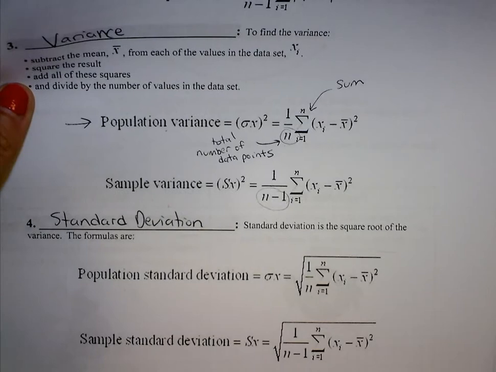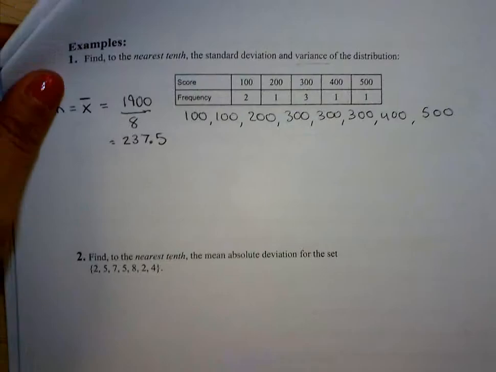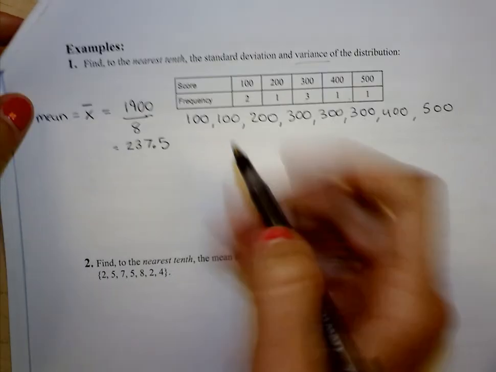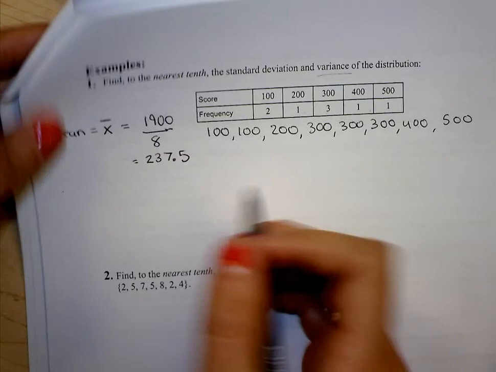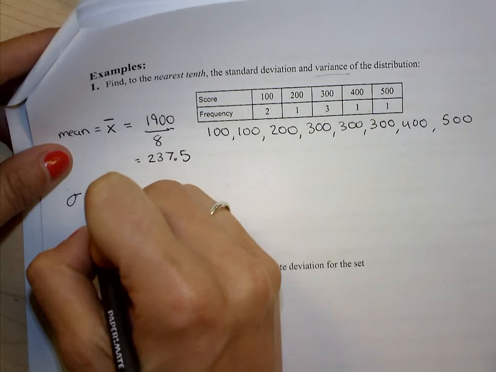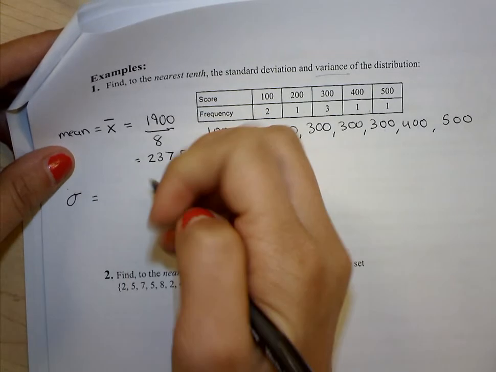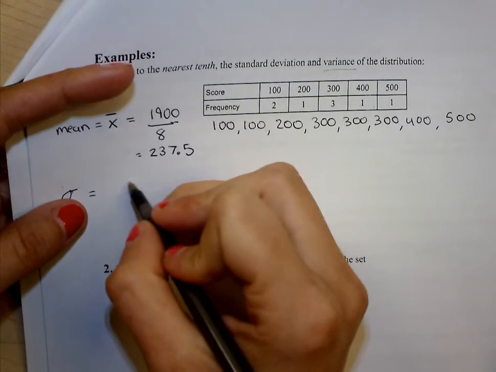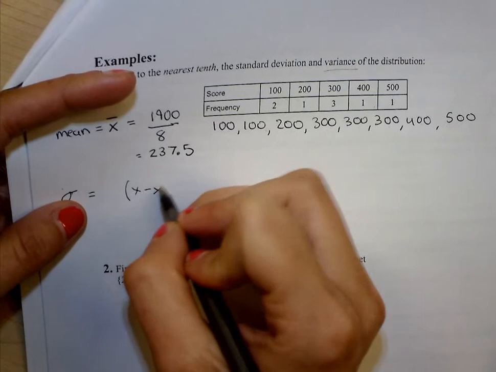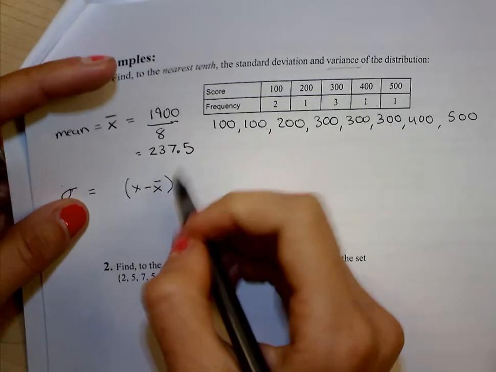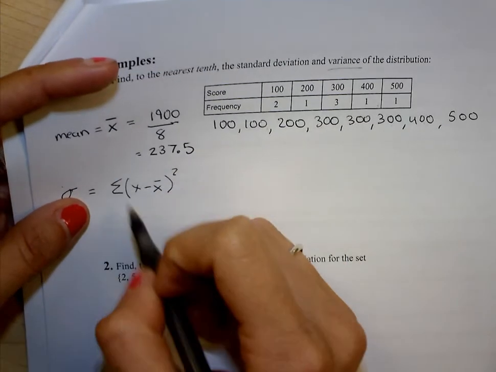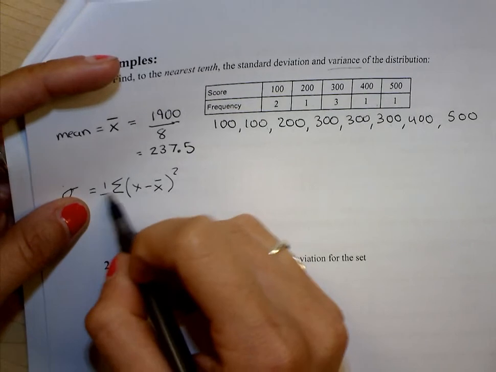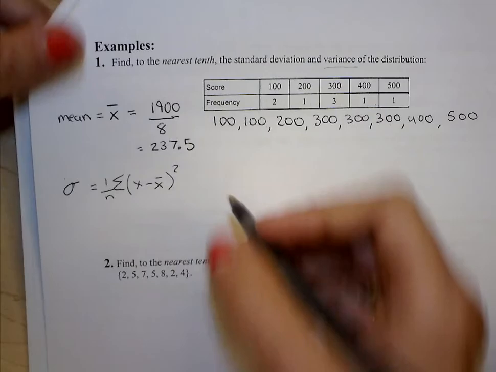All right, so let's do an example. My formula for the population variance was I'm going to add up x minus the mean, square them, and then I'm going to divide everything by n. So let's do that.